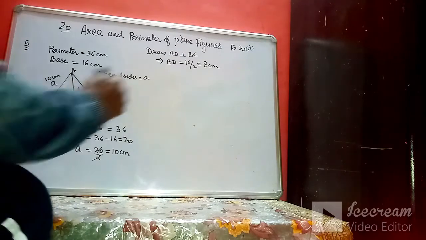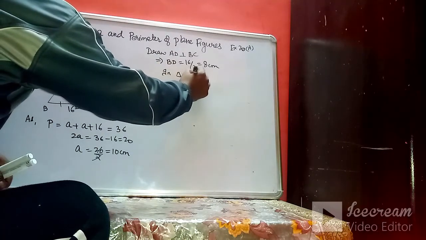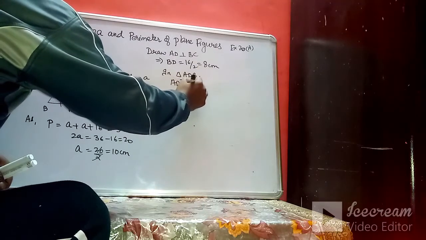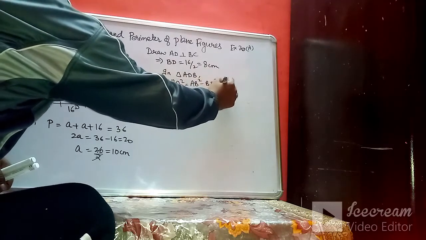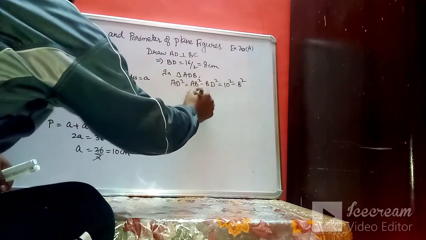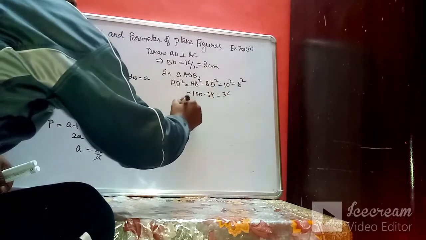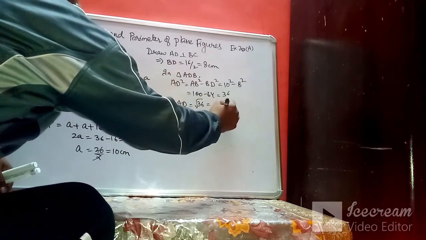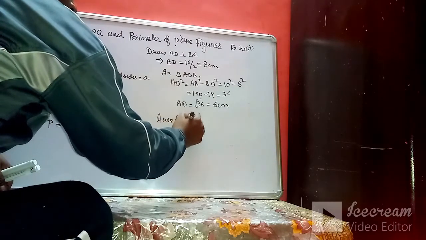Okay, so in triangle ADB, AD square equal to AB square minus BD square. We are using the Pythagoras theorem here. So 100 minus 64 is 36. So what is AD? 6 centimeter. So area of triangle will be how much?